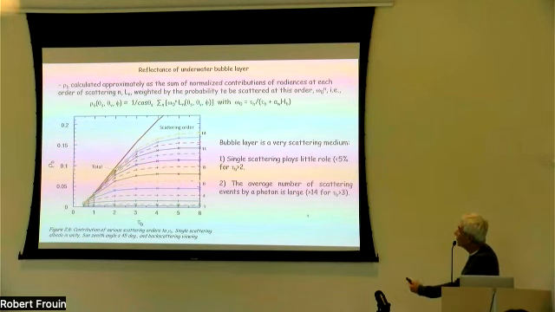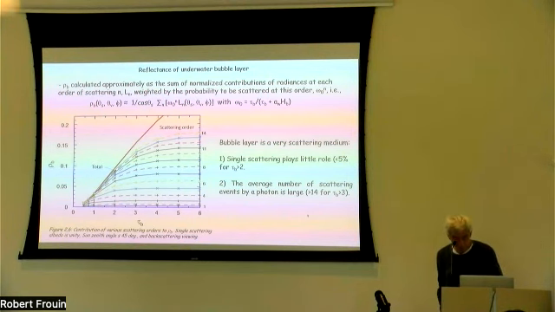You have a lot of multiple scattering in the layer. And again, this is a way to visualize that because of that, you will have an increase of absorption and therefore a decrease in reflectance as a function of photons.